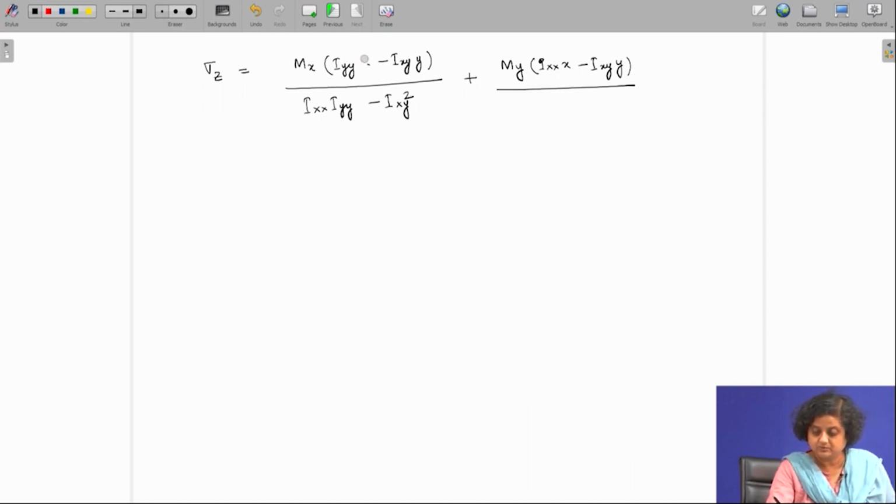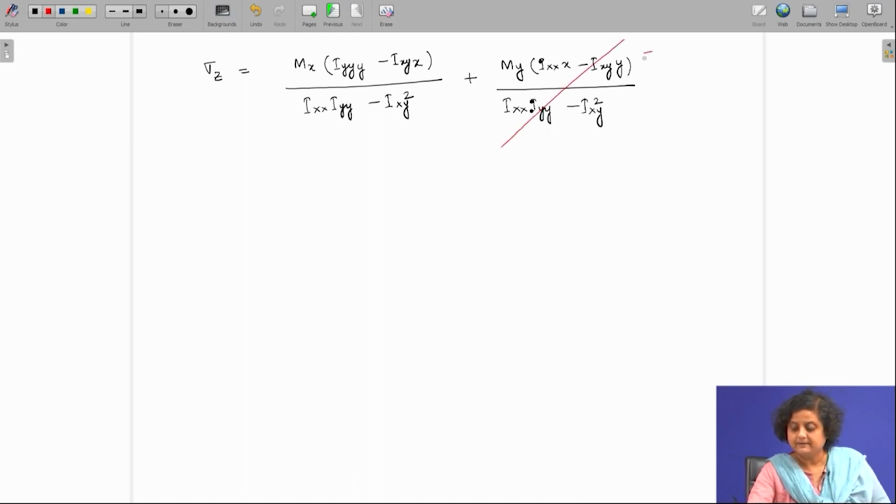So this is going to be y and this is going to be x. Then I have Ixx Iyy minus Ixy square.